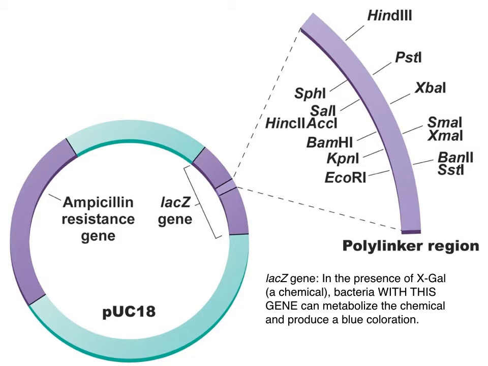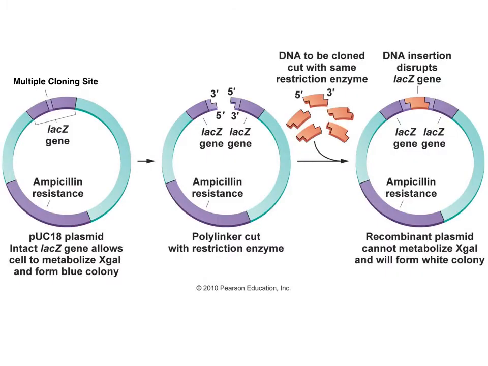Okay, now in this lacZ gene region, in the zoomed out portion, you will see in what is called the polylinker region, there are lots of restriction enzyme cut sites. All of these different things are different restriction enzymes you can use to cut this vector. Why would you cut it? We would cut it because what we're going to do is stick into that cut site some of the DNA that we're interested in.